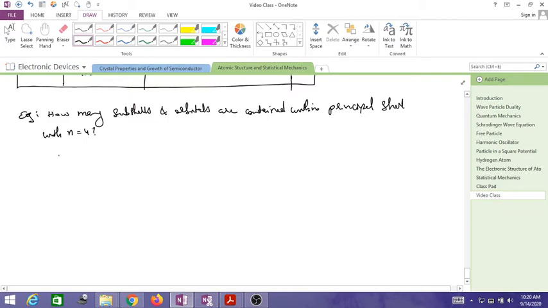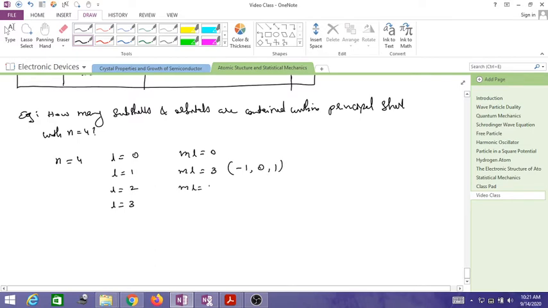Here we will take the same approach. If n is equal to 4, then l ranges from 0, 1, 2, and it goes up to 3. And ml for this is 0. I'm not going to write in detail, but if you want to write in detail, then it is -1, 0, and 1.